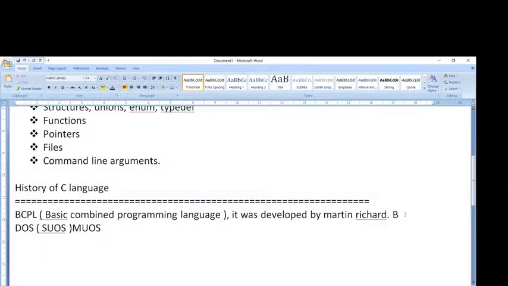We write it like this: BCPL led to B. The developer of B is Ken Thompson.